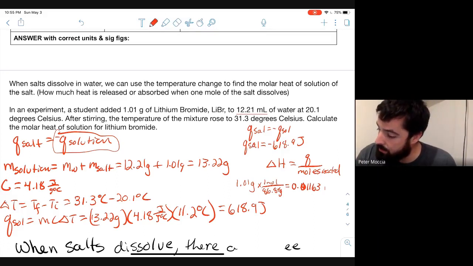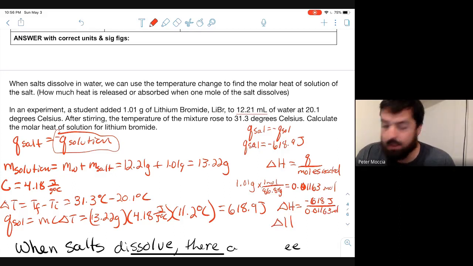And then we get delta H. Sorry, this is moles. Then we get delta H equal to negative 618 joules divided by 0.01163 moles.